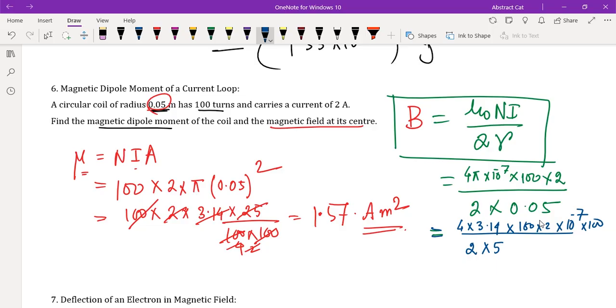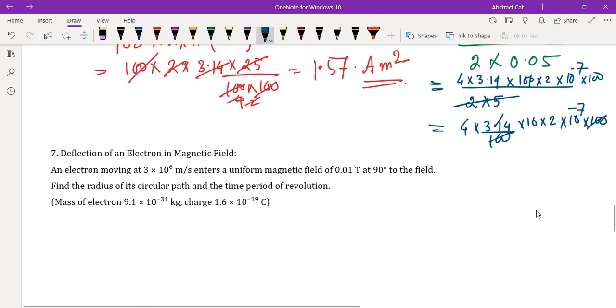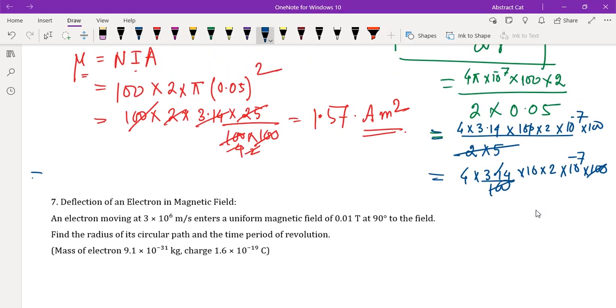So the 10 will cancel. Again, if I remove this by 100, times 10 times 2 into 10 to the minus 7 times 100, these 200 will cancel here. So 4 into 314 times 2, 10 to the power minus 6.